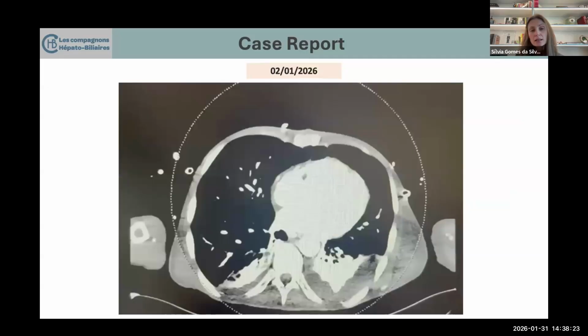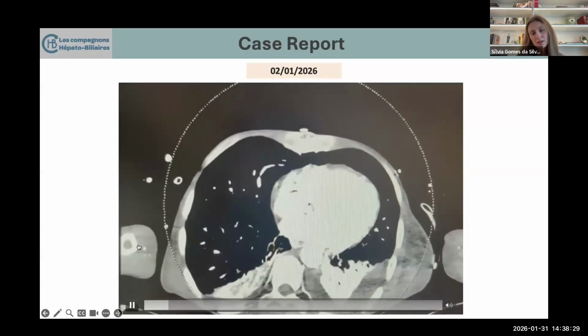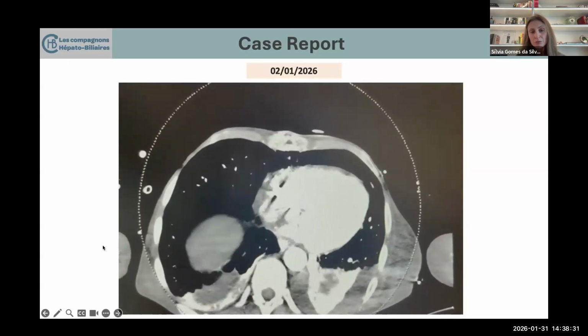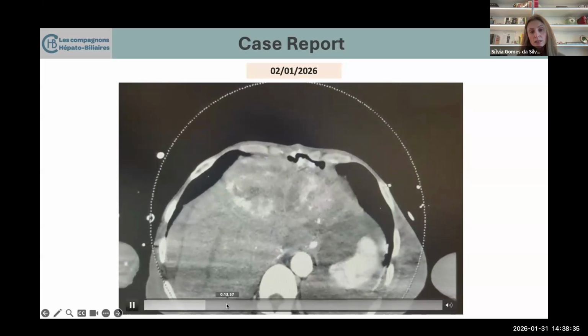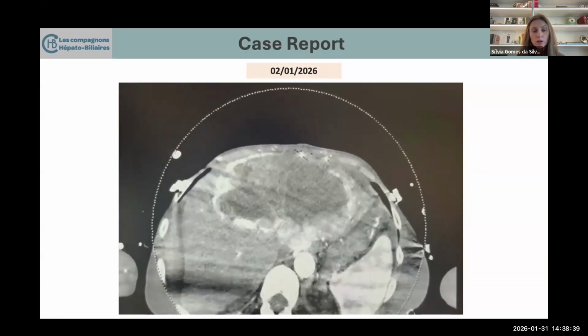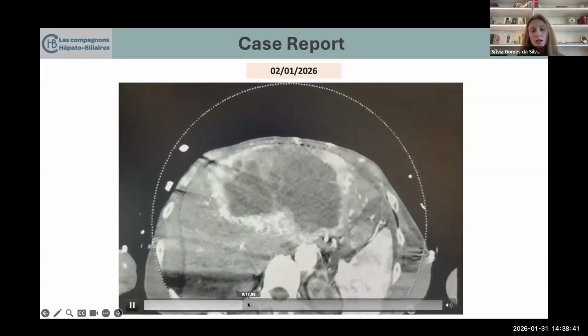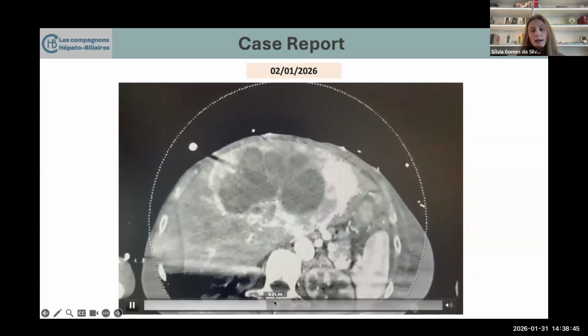And here you can see the CT scan. Sorry for the quality, but this was at the other hospital. I only have these images. We can see the big lesion that we know already, with no increment in volume.